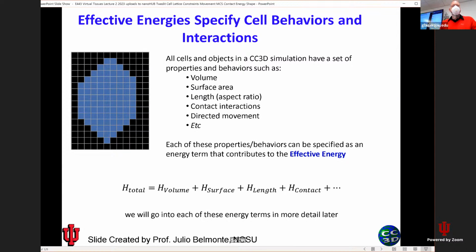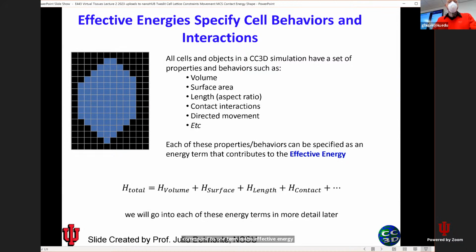And just as with loss functions in machine learning, you could have a very simple loss function, which could be, say, the pixel-wise mean squared distance between the value of each pixel in an image and the target. But you might also have something more complicated where you have that and something else and something else. With Computational, each behavior or interaction that you try to specify about the cells is going to correspond to one term in this effective energy.